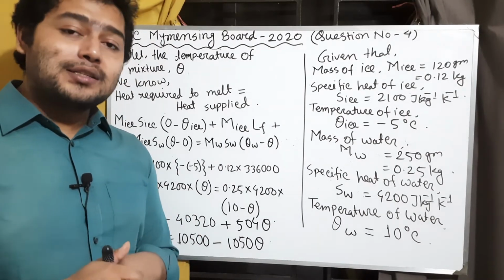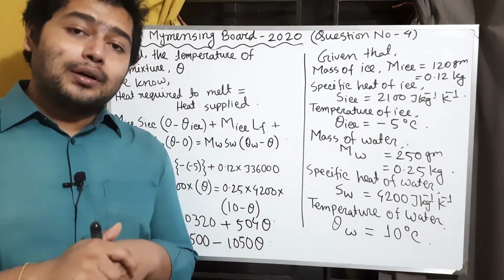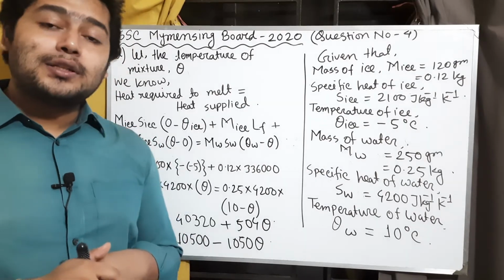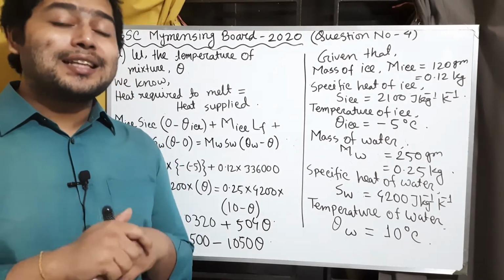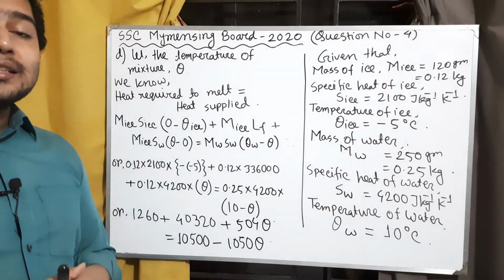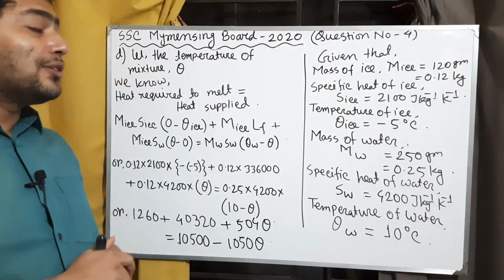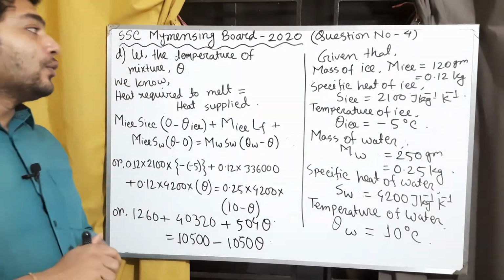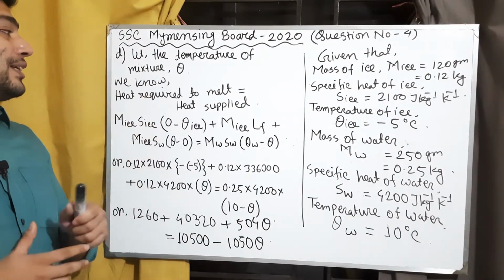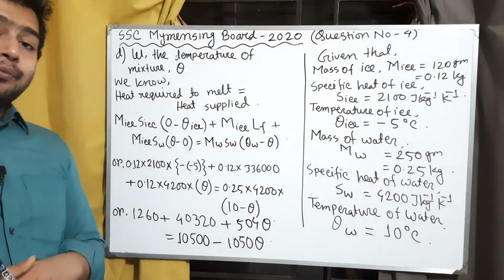Firstly, the ice will gain heat and convert to 0 degree Celsius ice. Then 0 degree Celsius ice converts to 0 degree Celsius water, and 0 degree Celsius water will gain heat to reach a temperature of mixture, that is theta.